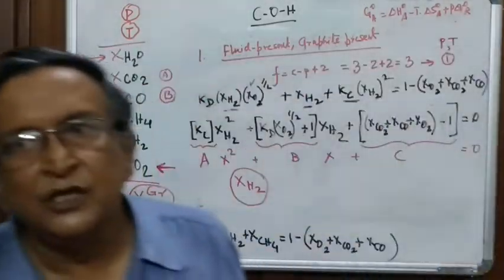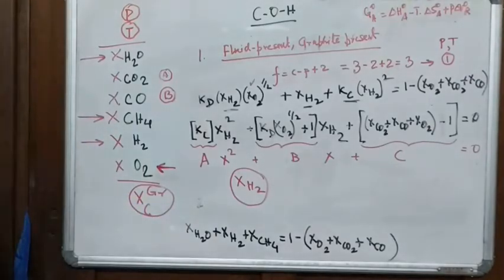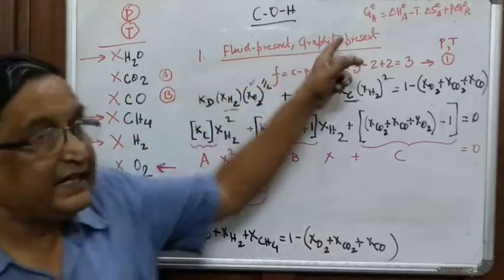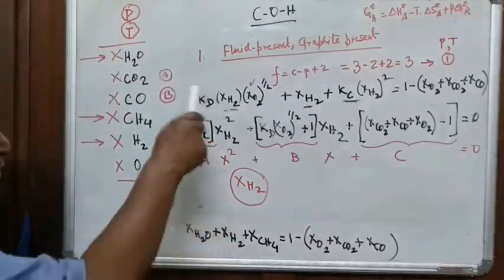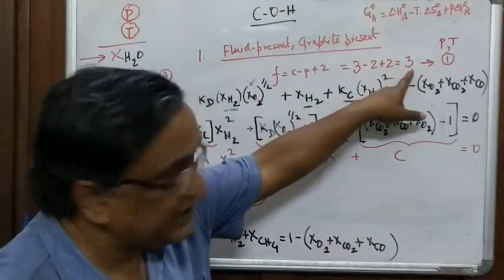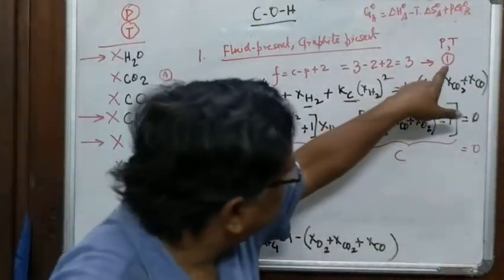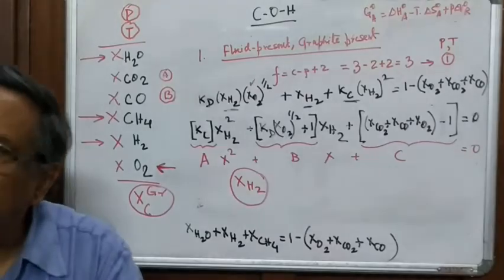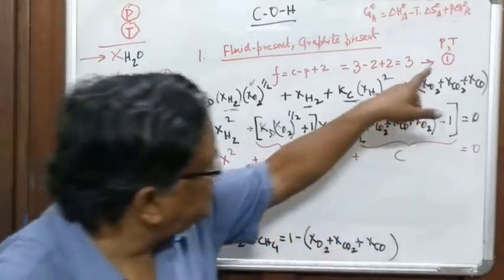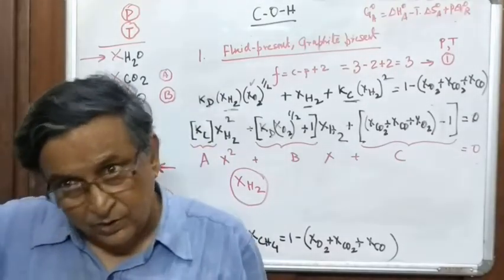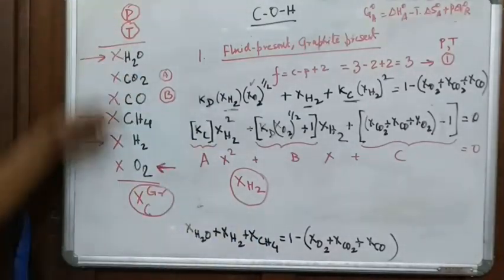Gibbs phase rule saw it early. So now, you have this solution to the fluid present and graphite present case, that the degree of freedom is 1. At a pressure temperature condition which is known, the isothermal isobaric degree of freedom is 1. So it says if you give me one input variable from the minerals, I can compute all the parameters.